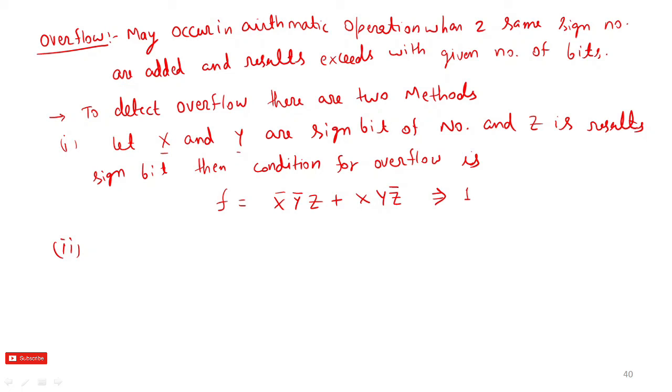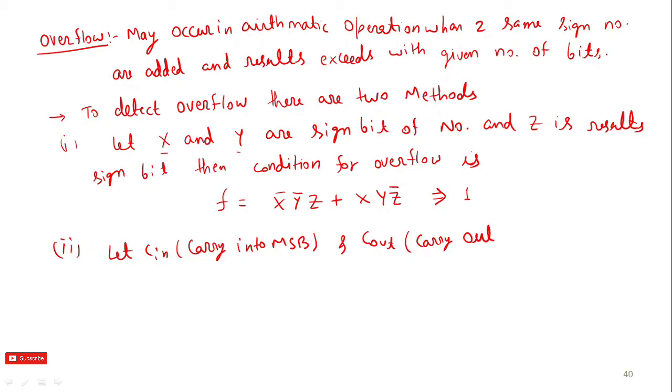carry bit in and out. Let C in be the input carry bit, the carry into the MSB, and C out means the carry out from the MSB.